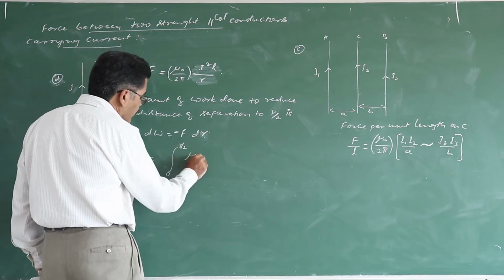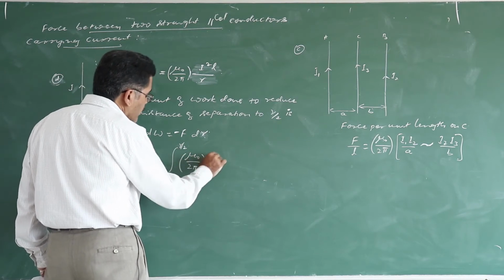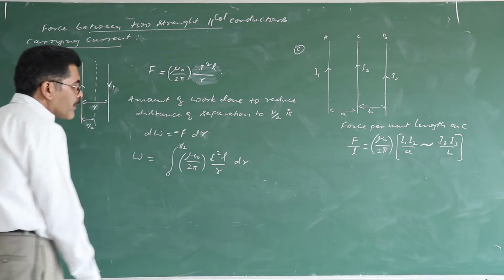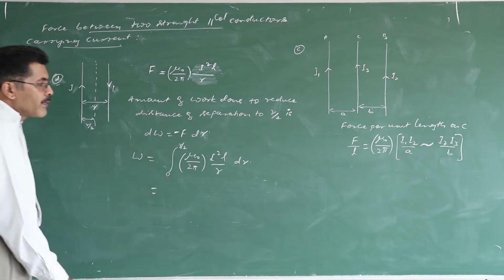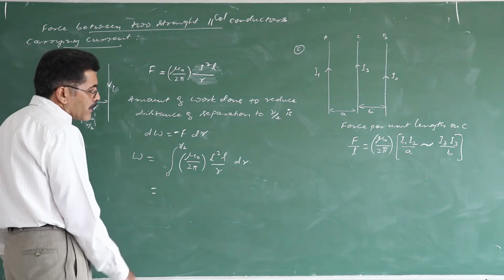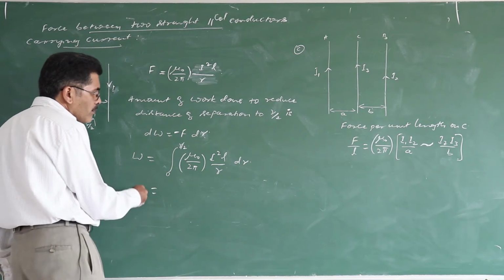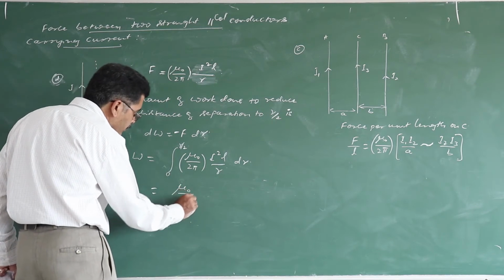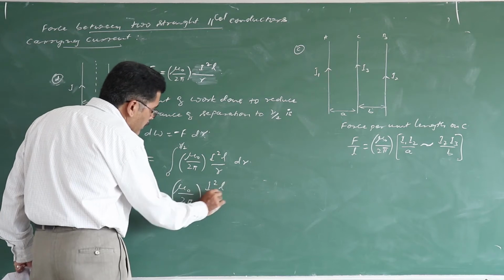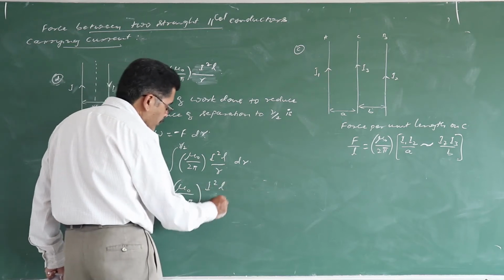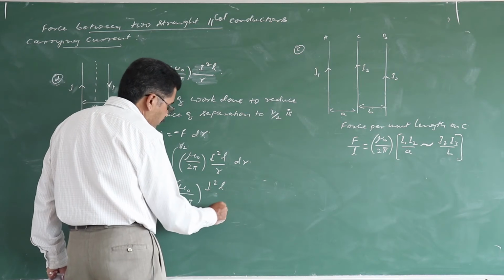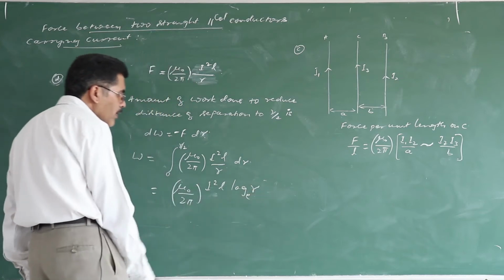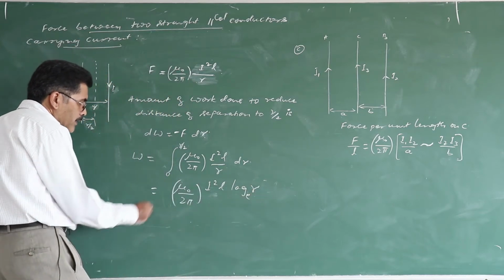So F is mu naught by 2 pi I square into L divided by R into dr. See, therefore on integration you will be getting mu naught by 2 pi I square into L. See, 1 by R on integration gives you log R to the base E. See, there is a minus sign here.